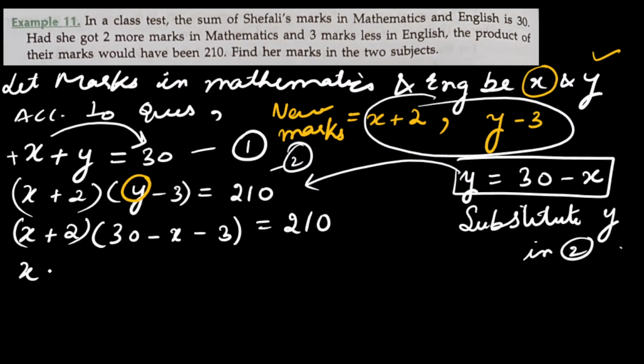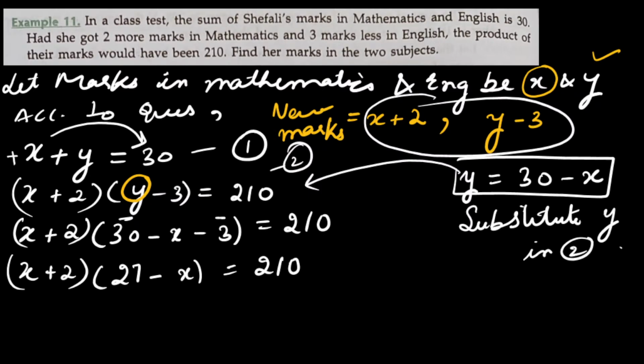Now here, 30 and 3 are like terms, so 30 minus 3 we can do. This is 27 minus x, equal to 210.